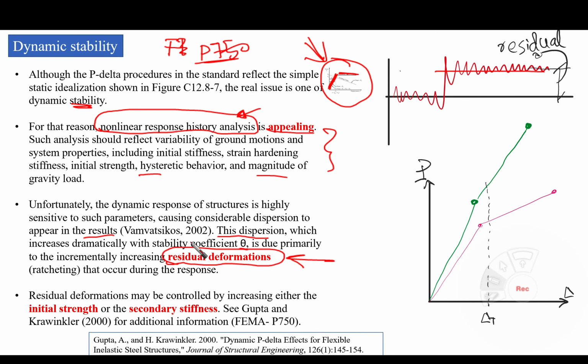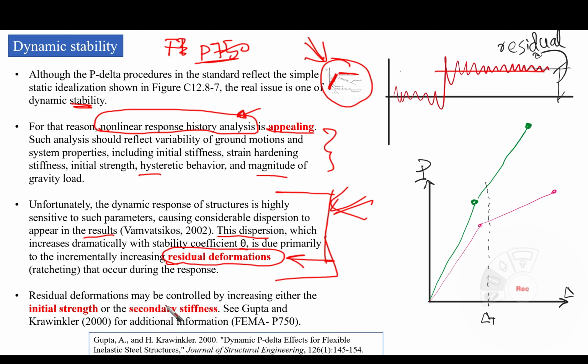Remember, all the equations that I have explained before are approximate, and they are in the elastic range. What will happen in your structure is based on the nonlinear dynamic analysis. This is the reality. This is what will really happen.